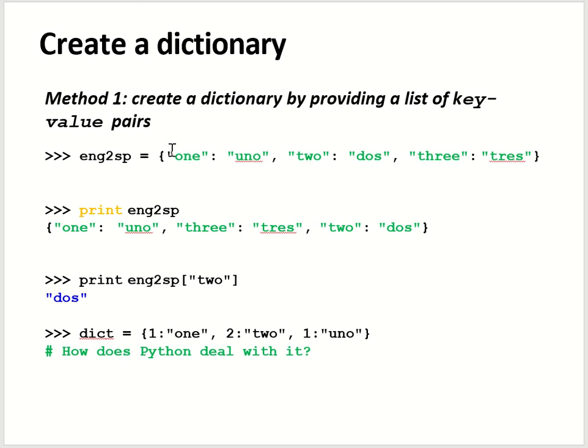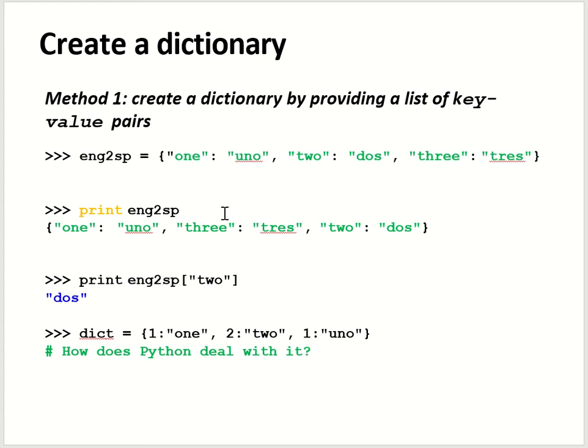The 3 keys are the English words one, two, three, strings, and the 3 values are uno, dos, and tres. All the objects in those key value pairs are strings. So the colons separate the key and the value in a single item, and commas separate those items in the dictionary.